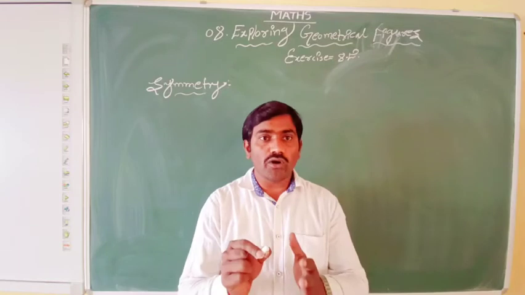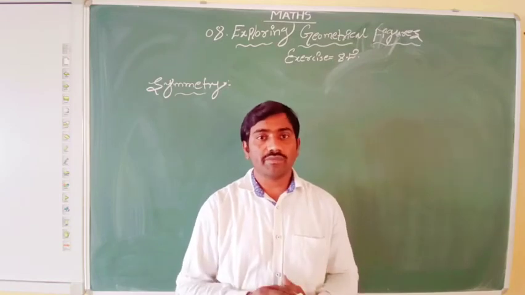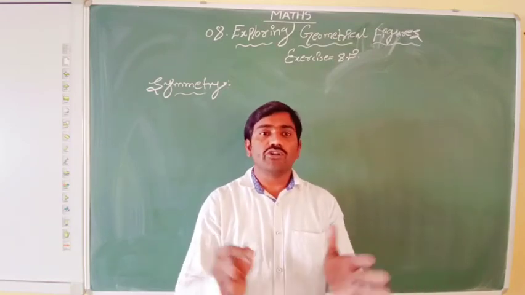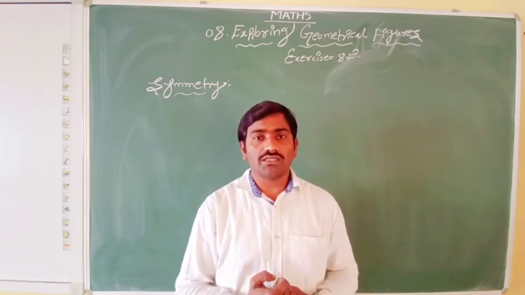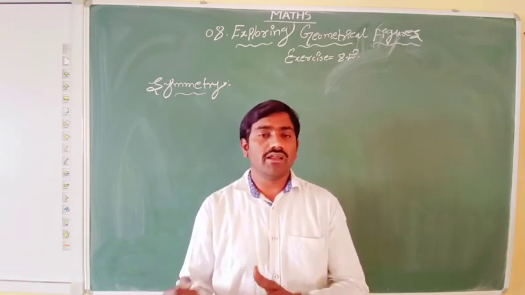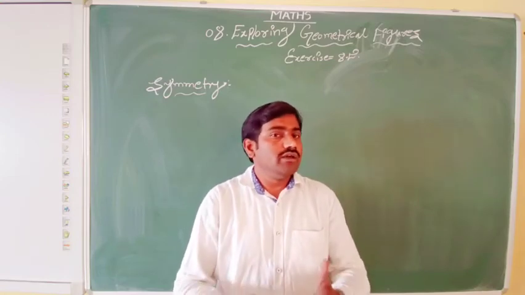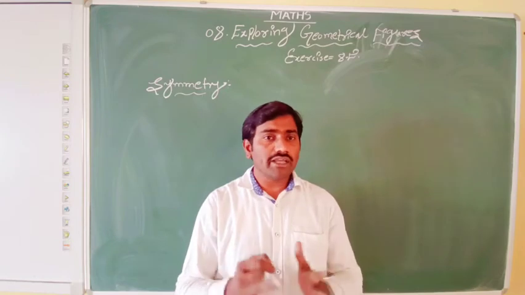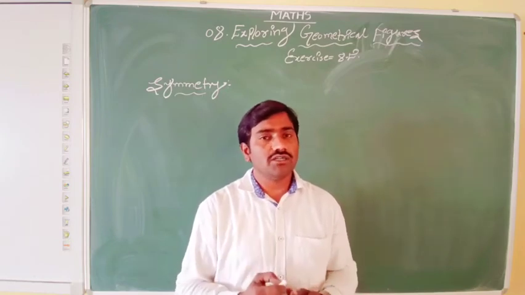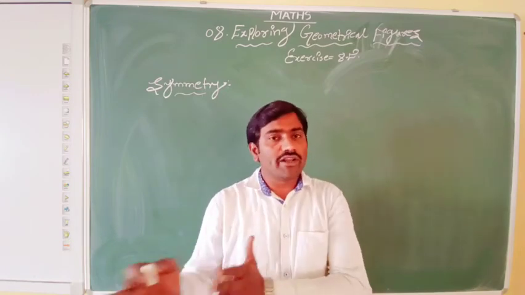I hope you understand the meaning of symmetry. If any object is able to be divided into two or more equal identical parts, then it is called a symmetrical figure. So here, to understand symmetry, I'll be taking some geometrical figures.